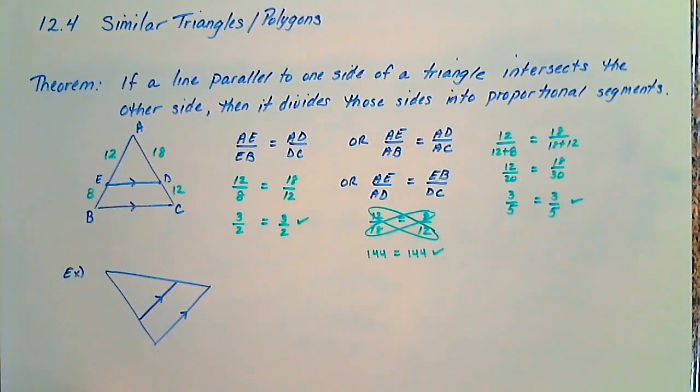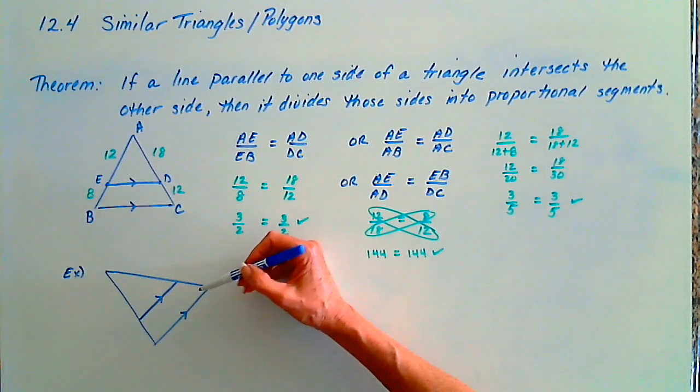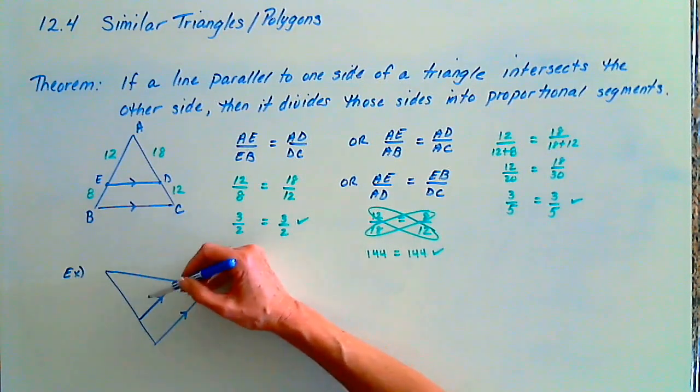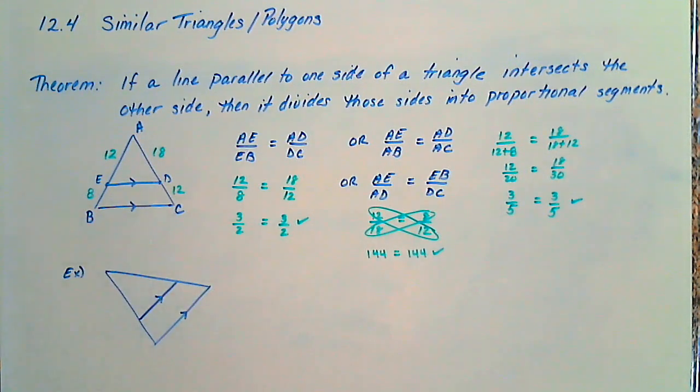And of course, this side would be a transversal. So we would still have corresponding angles which are congruent. Similarly, the other side is also a transversal. So these two angles are also corresponding, so they're actually congruent.